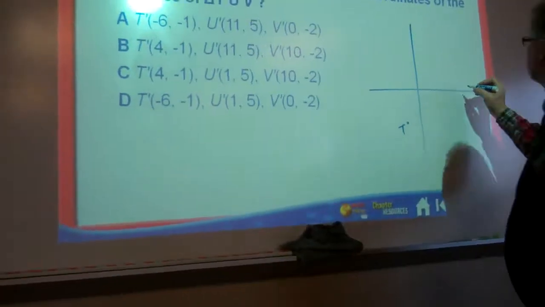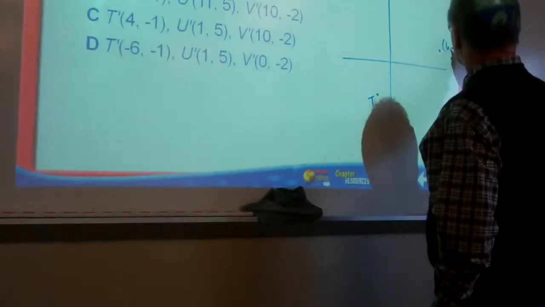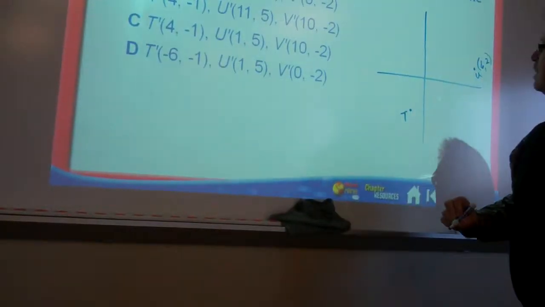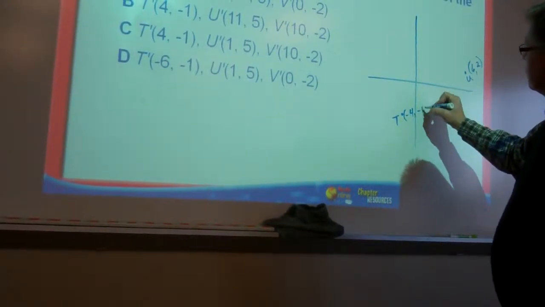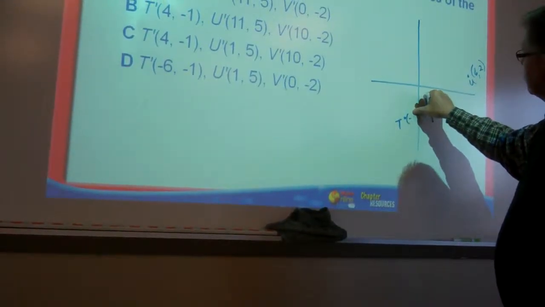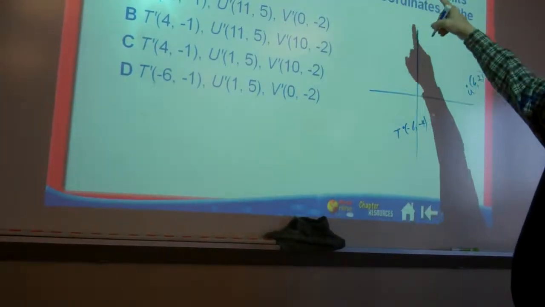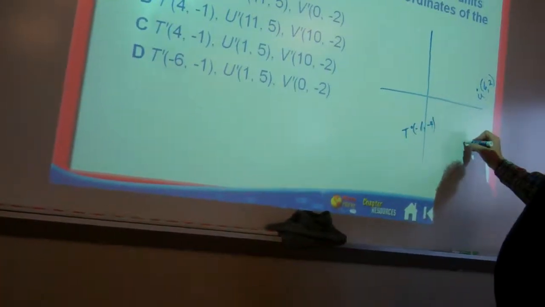U is at 6, 2. Let's pretend that's there. Oops, did that wrong. -1, -4. And V is at 5, -5.